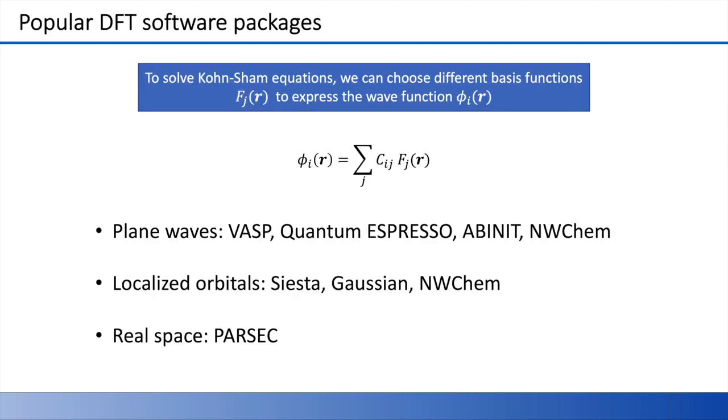There are several popular density functional theory software packages. Depending on the basis functions used in expanding the wave functions, they can be grouped into plane wave code, localized orbital code, and real space code. Among these packages, VASP is the most popular one and is commercial.